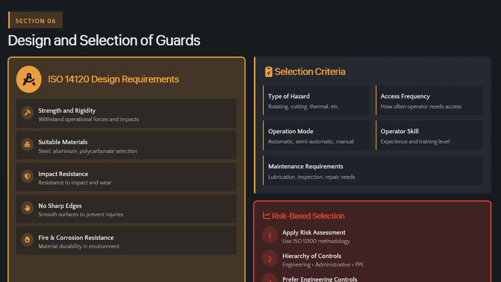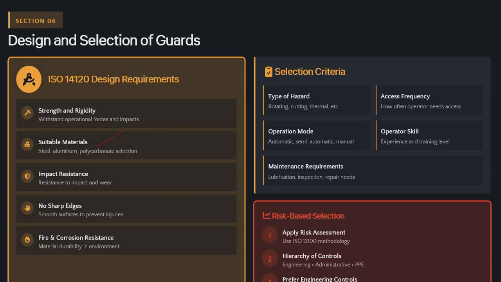And when it comes to design requirements, for the design and selection of guards we need to consider the following. Strength and rigidity: it should withstand operational forces and impacts. Suitable materials like steel, aluminum, polycarbonate: if we need visibility, we go for polycarbonate; if it should be lightweight but rigid, we go for aluminum, like that.